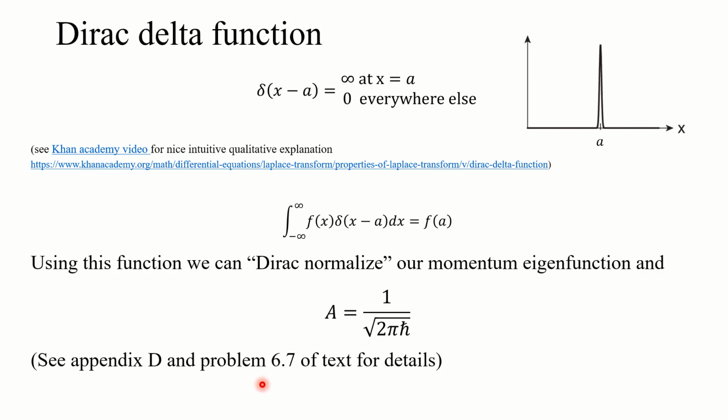And also there's a problem in the textbook, 6.7, that goes through the details of this normalization. But the gist is, with that Dirac delta function, we quote-unquote normalize our wave functions so that that constant out front is 1 over the square root of 2 pi times h bar.